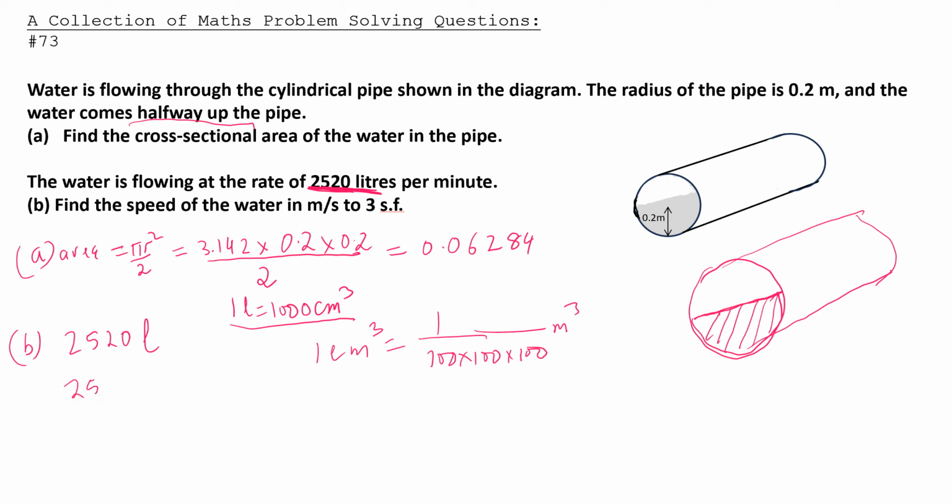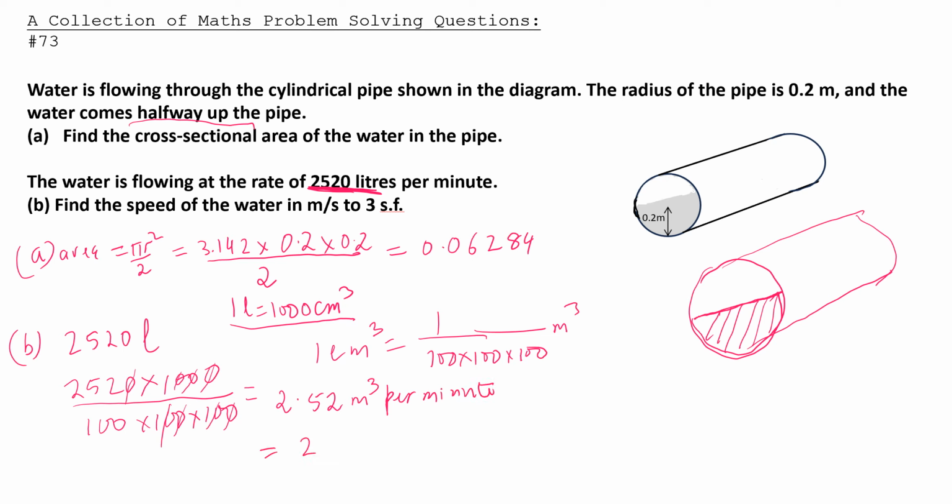So we have to do 2520 times 1000, that's centimeter cube, and divide by 100 times 100 times 100, and then what I'm left with is 2.52, not liters but meter cube per minute.